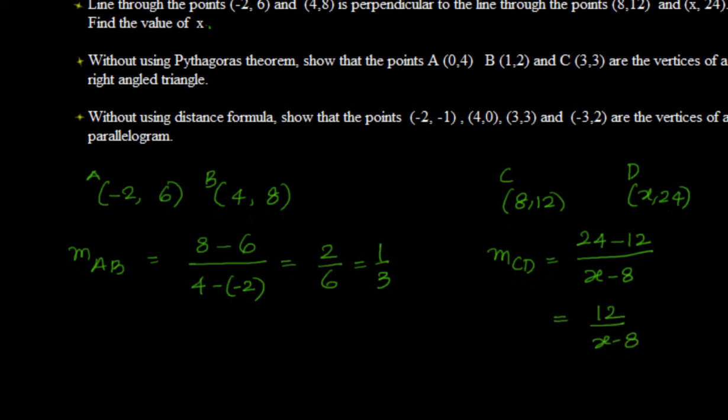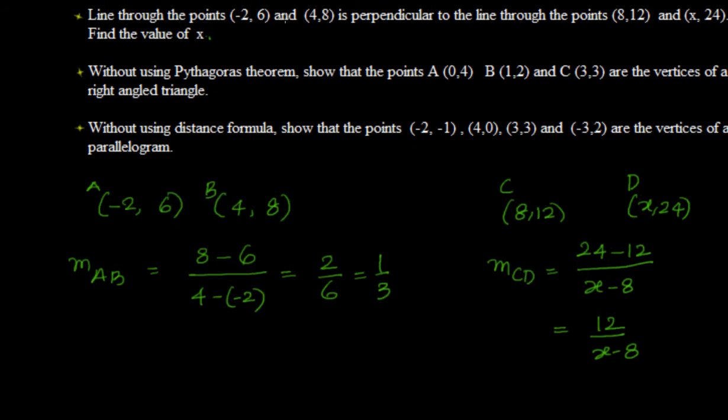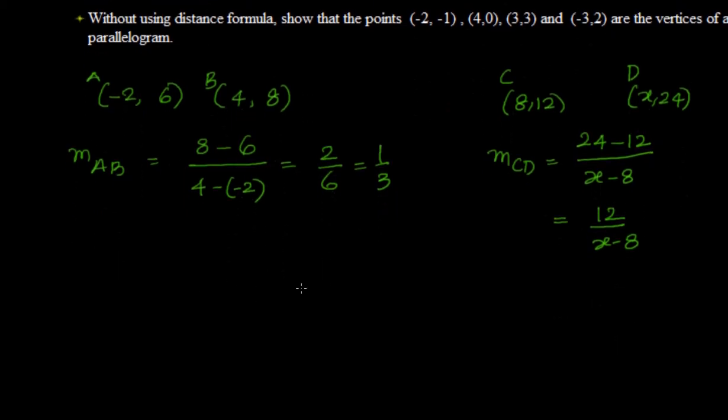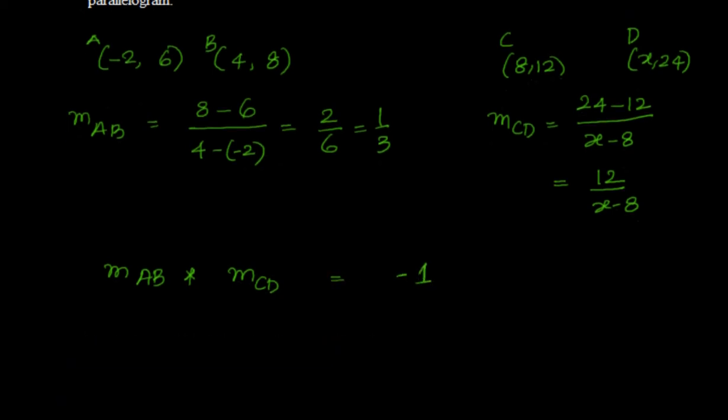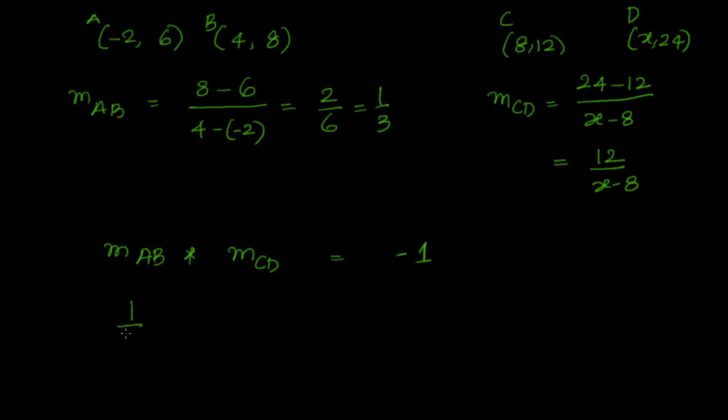But we have been told that these line segments are perpendicular to each other. We know that if two line segments are perpendicular to each other, then the product of their slopes is -1. So I can say m of AB into m of CD equals -1, or 1 by 3 into 12 by x minus 8 equals -1.